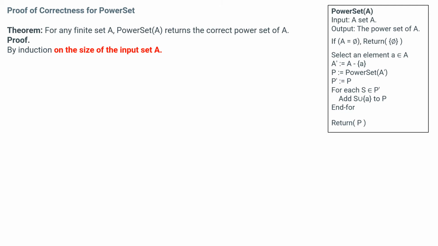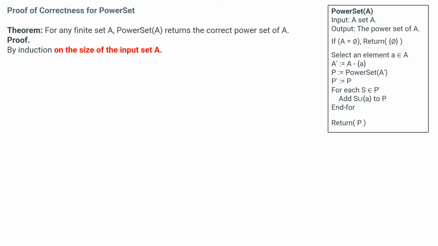So for any finite set A, PowerSet of A is going to return the correct power set of A. Just because we call it power set doesn't mean it really returns the power set. So we need to see if we can prove that this correctly does return the power set. And we're again going to use proof by induction, here on the size of the input set A. Okay, so that's what we're going to do here.